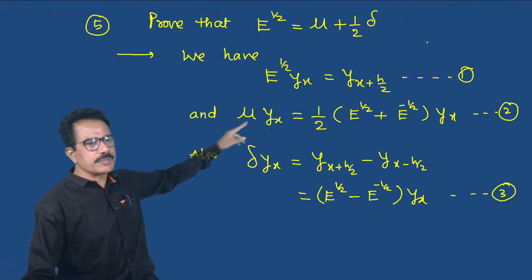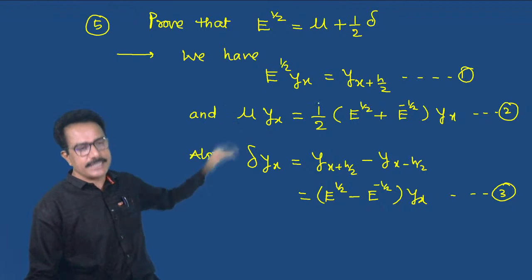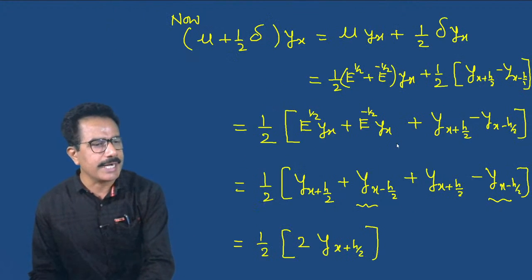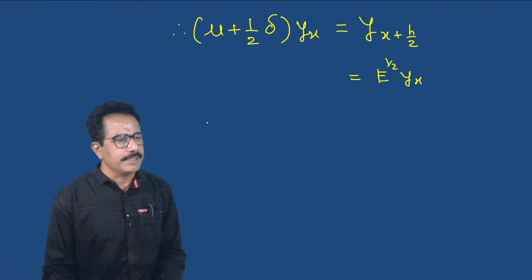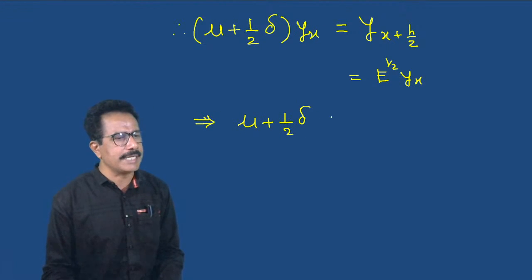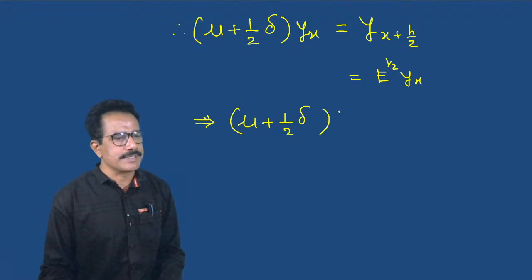But y of x plus h by 2 ला इक्वेशन 1 वरनं e raised to 1 by 2 yx लिहिता येतं. So we can write e raised to 1 by 2 yx. This implies that mu plus 1 by 2 delta of yx is equal to e raised to 1 by 2 yx.